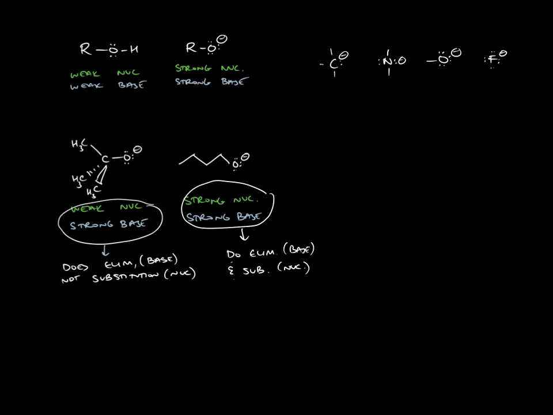We would say that really all of these guys are strong nucleophiles and strong bases, but they would be stronger on the left. So I'm going to say that these guys are strong nucleophiles. And then of them, I would say that F minus is the weakest.